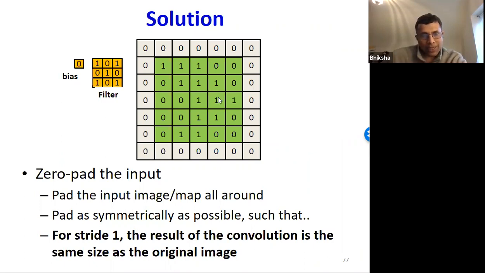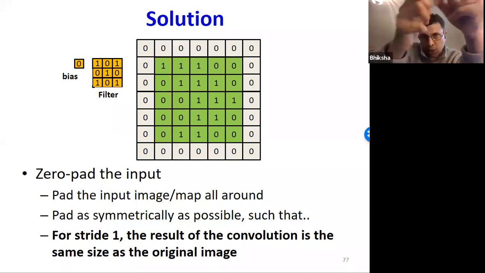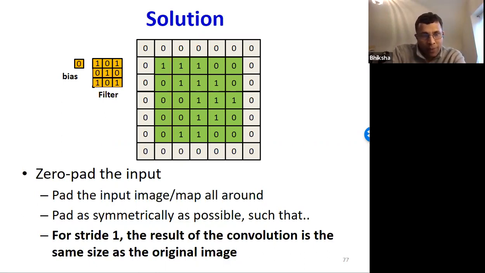And so when you want to maintain size, one standard thing you would do is to introduce m minus 1 columns of zeros and m minus 1 rows of zeros, but you'd split these symmetrically or as close as possible to symmetrically on either side of the incoming map. So if m minus 1 is an odd number, one side will be larger than the other.